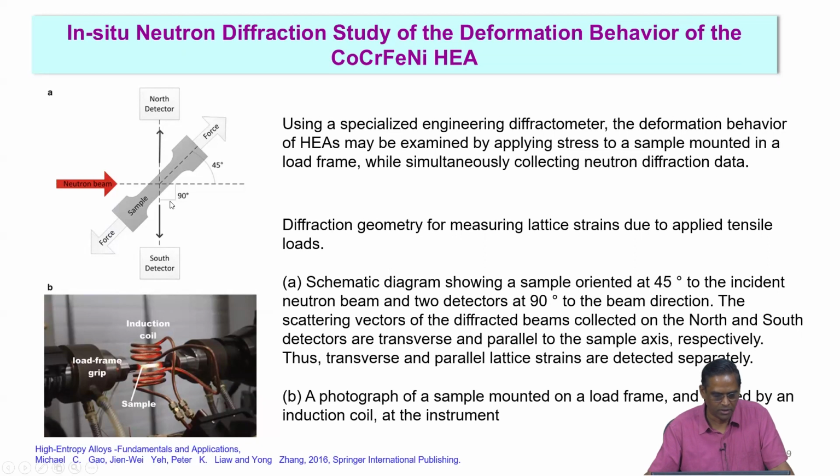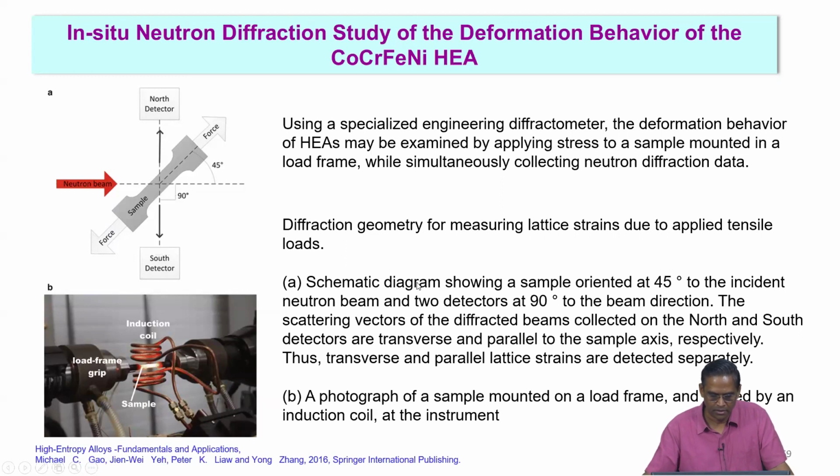So, what you are seeing is the diffraction geometry for measuring lattice strains due to the applied tensile loads. This is the neutron beam, and the tensile force is applied in this direction, and you have a detector. Two detectors are placed here, and then the actual setup is shown here. The sample has a heating coil, and you can see the sample is heated, and these are the loading frames.